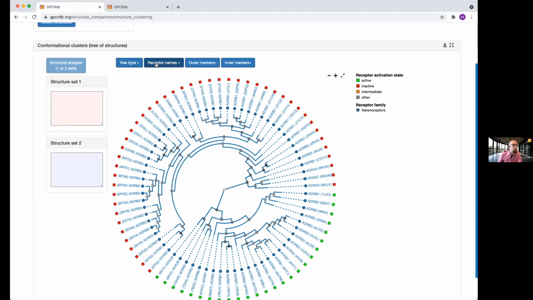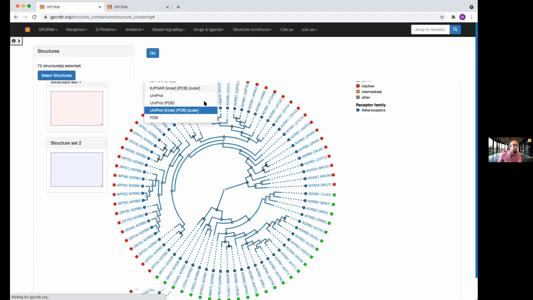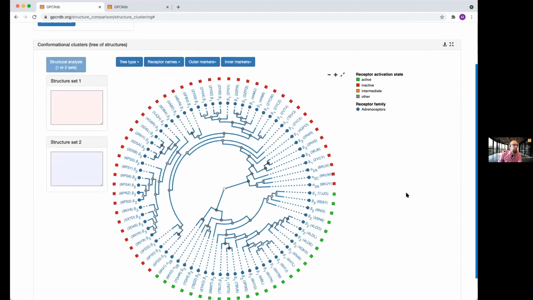And I'm just going to toggle here to a different naming scheme. So here we see mainly beta 2 structures, and then in the next branch we see also beta 1 structures.